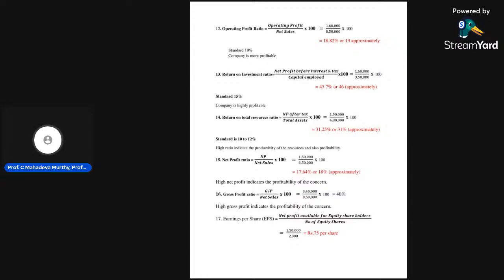I will give a little bit of explanation, 5 minutes, explain the pro forma, and then go for solving the problems. If it is possible, in the next class 12 to 1, I will complete fund flow statement and cash flow statement.